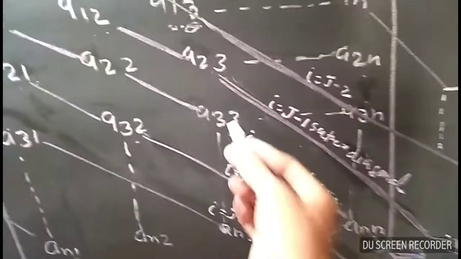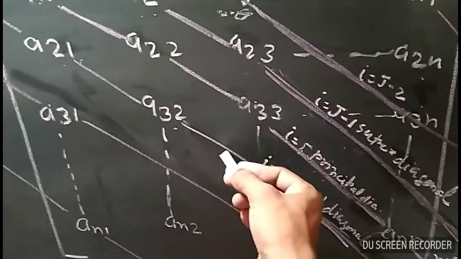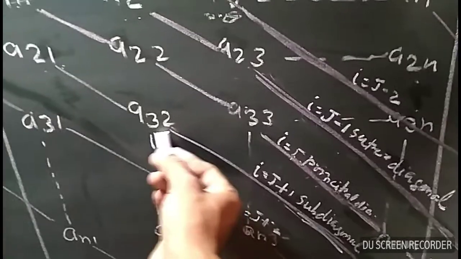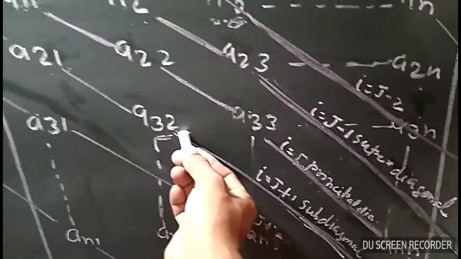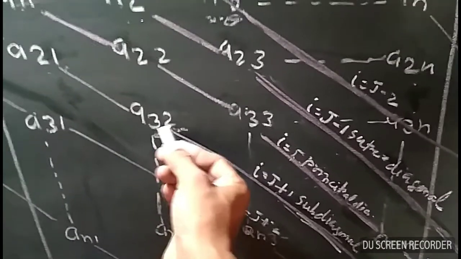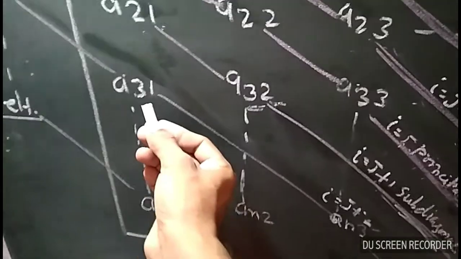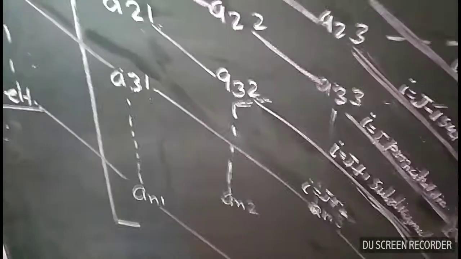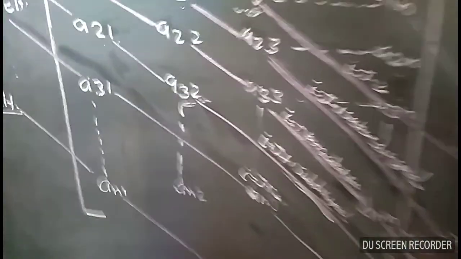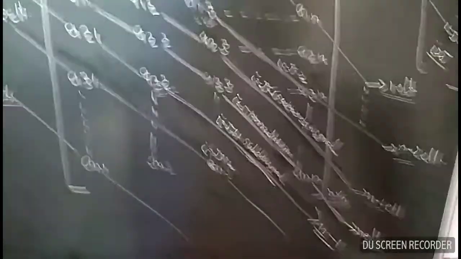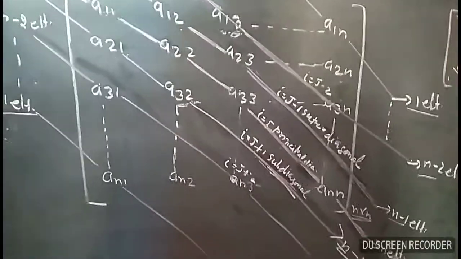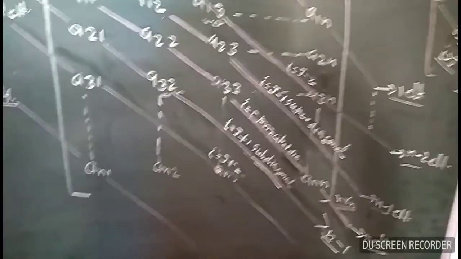And similarly below the principal diagonal, the row number increases in comparison to the column, that is row is 3, column is 2, here row is 3, column is 1, and so on. Then this is a pictorial representation of the square matrix of order n cross n for finding the elements in the principal diagonal, subdiagonal, super diagonal, and so on.